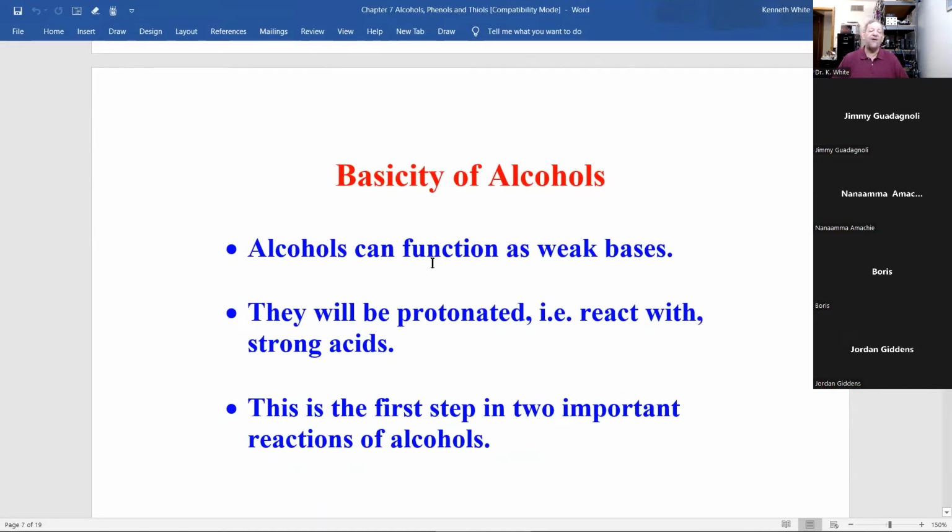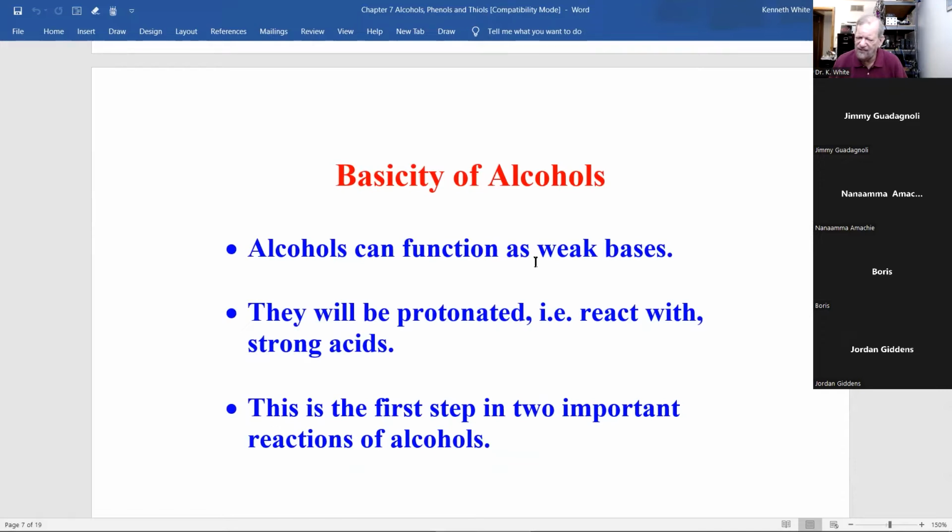Now, alcohols can also function as weak bases. A base is a proton acceptor, and they can be protonated. That's what we mean by accept a proton.